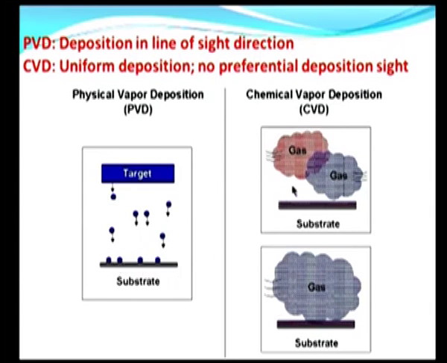In the chemical vapor deposition process, you have some vaporous material, including gases, that flow through the reactor, as we have shown in the case of the carbon nanotubes, and they react on the hot substrate surface and produce a film of the material that is the result of the chemical reaction. So, the material that is deposited is different from the material of which the vapors are allowed into the chamber, whereas here the material of the film is the same as the material of the target.